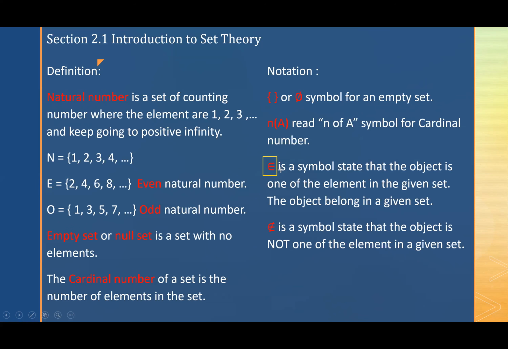Is the element on the left side belonging to or existing in the set I call, whatever the set I call? So whenever you see this symbolic, it basically says, I have this element and does it exist in this set? Is that true or false?